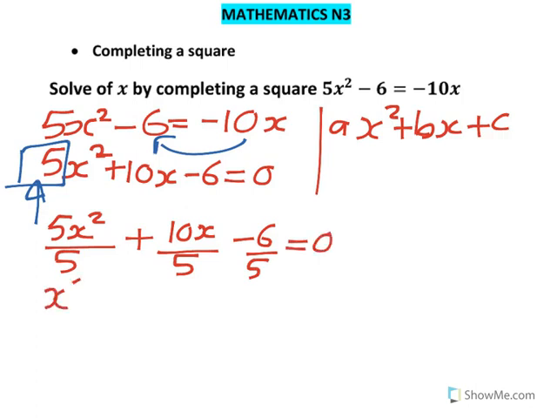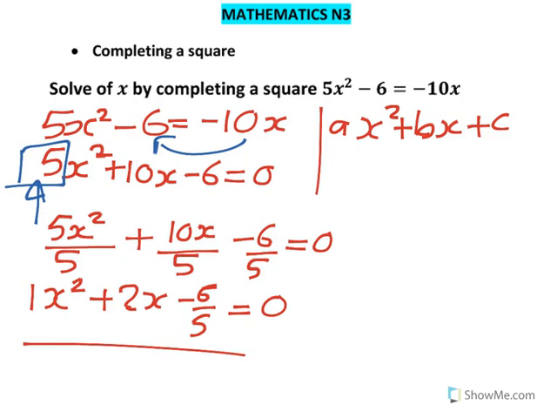Hence you're going to have x squared plus 2x minus 6 over 5 is equal to 0. Then when you have got a 1 there, you follow the same method of completing a square. Then you can complete a square the normal way we did, which is half the coefficient of x, which is half of that.